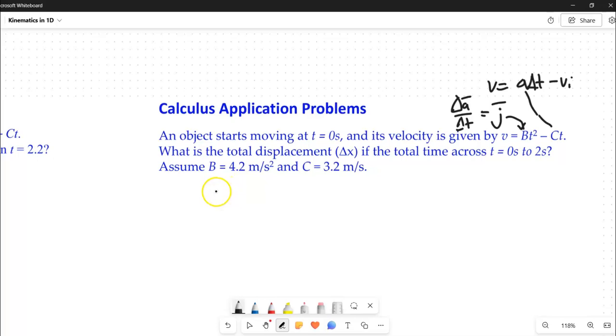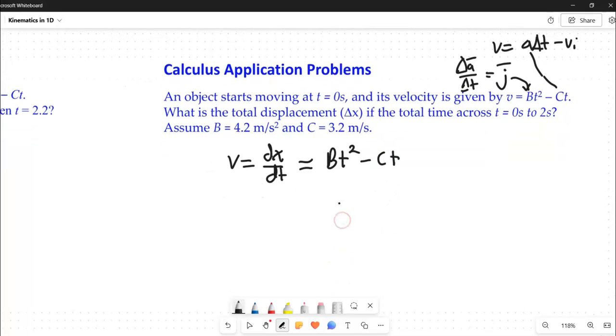So let's do this. Velocity is going to be equal to dx dt. We start just like we regularly do, where this velocity equation is bt squared minus ct. I have a feeling this is going to be t to the third, and this is going to end up being t squared.